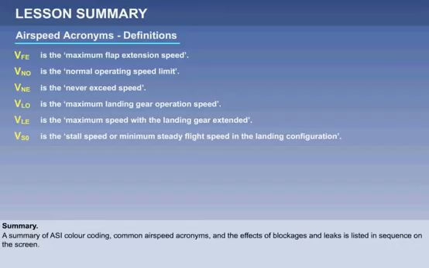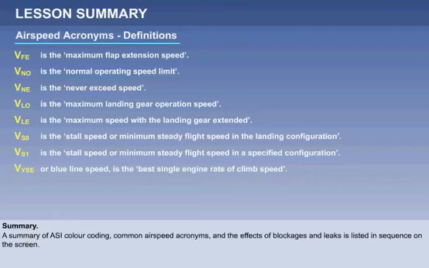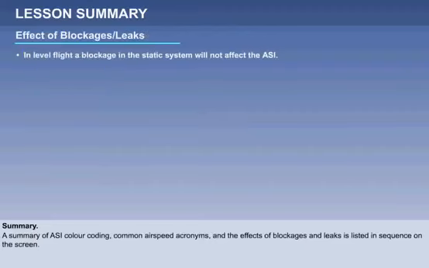VS0 is the stall speed or minimum steady flight speed in the landing configuration. VS1 is the stall speed or minimum steady flight speed in a specified configuration. VYSE, or blue line speed, is the best single engine rate of climb speed. In level flight, a blockage in the static system will not affect the ASI reading.